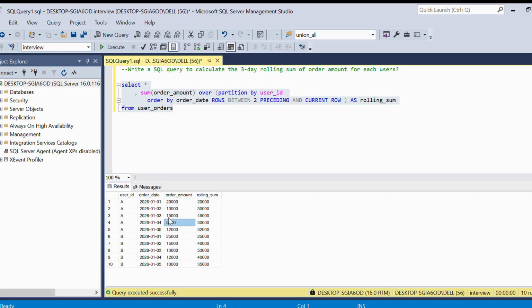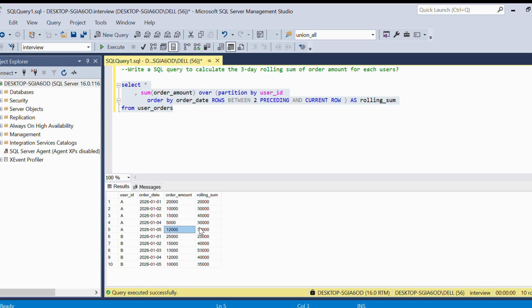For the fourth row we have 30k, because current is 5 and the last two are 10 and 15, so 10 plus 15 is 25, plus 5 is 30k. For the fifth row the rolling sum is 32k, because the current row is 12k and the last two rows are 5k and 15k, so 15 plus 5 is 20, plus 12 is equal to 32k.